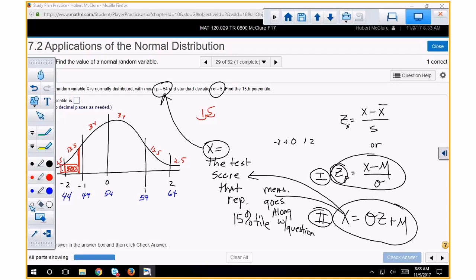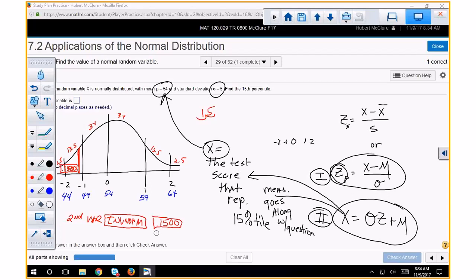So second, inverse norm, whichever number that is on your calculator, because it's different on different ones. Inverse norm, and then you're going to put 0.1500 and enter.